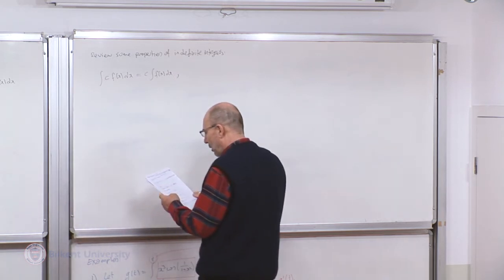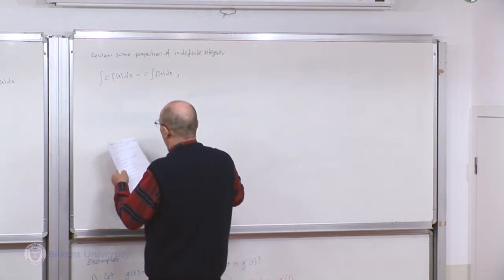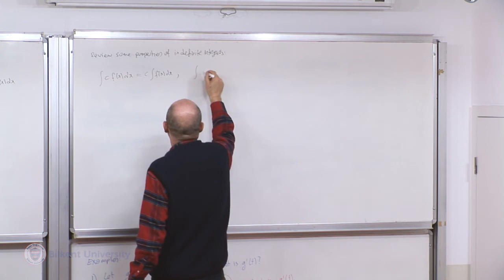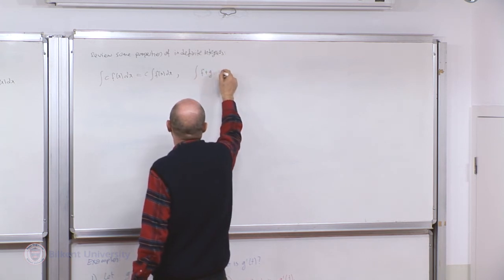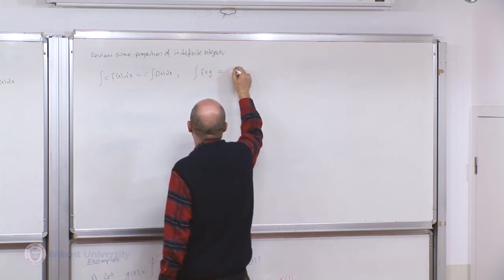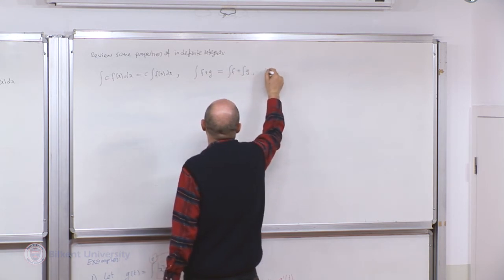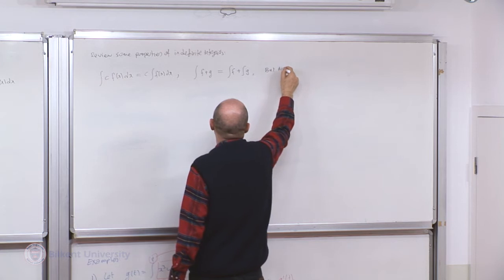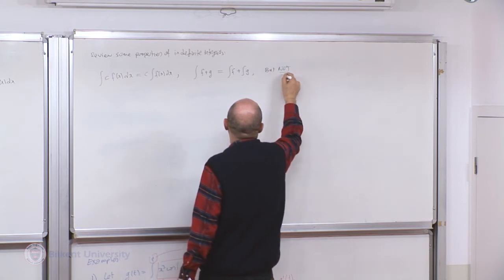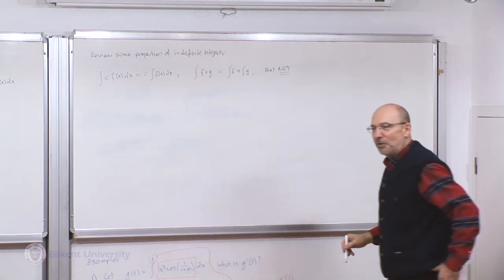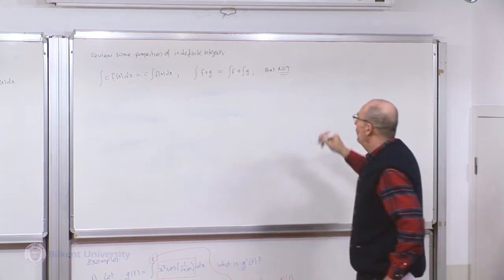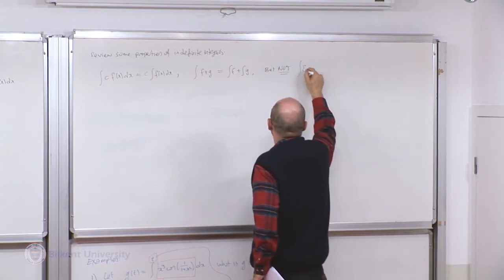What other easy things? I have integral of f plus g. Let me use this notation now. Integral f plus integral g, but not. In the excitement, in the stress of the exams, you invent such rules, but such a rule does not exist.